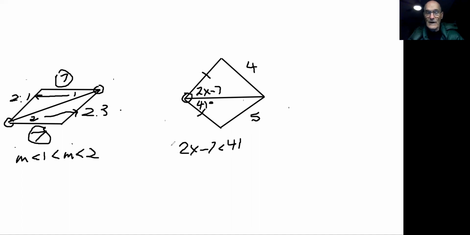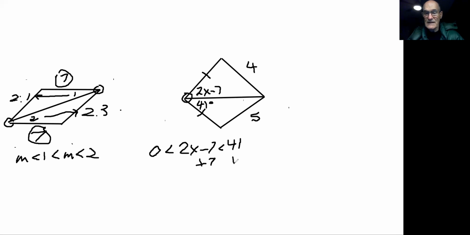Now, we have a range, so the other end of this, if you think about how small can this angle right here be, the answer is it can be as small as 0, but no smaller. Because if it gets to be less than that, then you don't have a triangle. So we can solve this inequality.